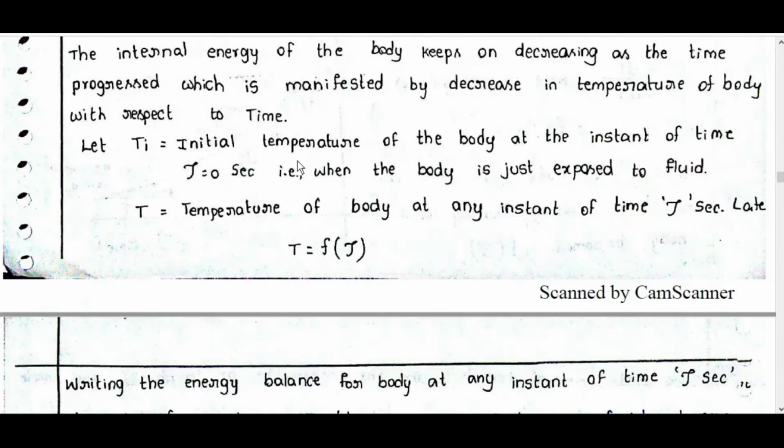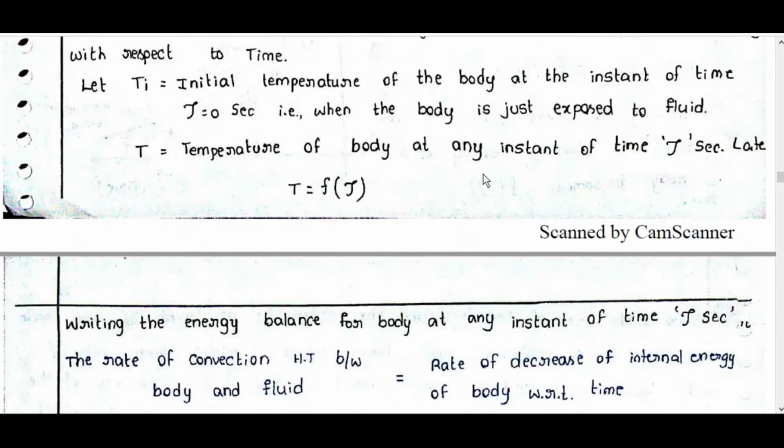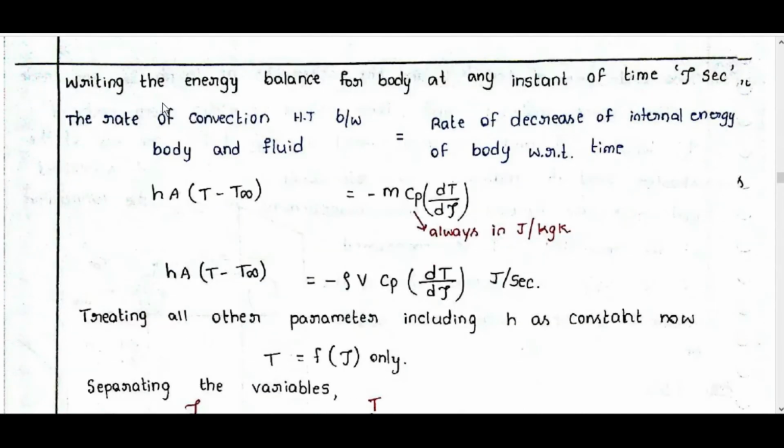Let Ti be the initial temperature of the body at the instant of time tau equal to 0 seconds, that is when the body is just exposed to the fluid. T is the temperature of the body at any instant of time tau seconds, T is a function of time.